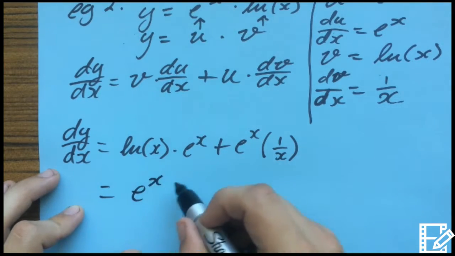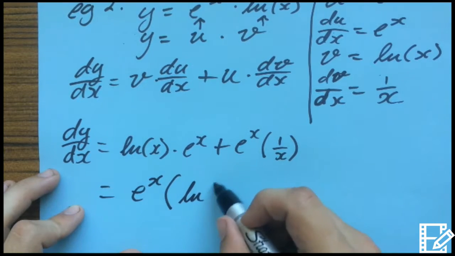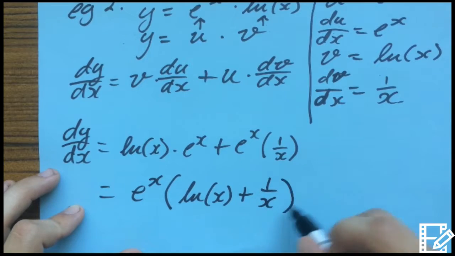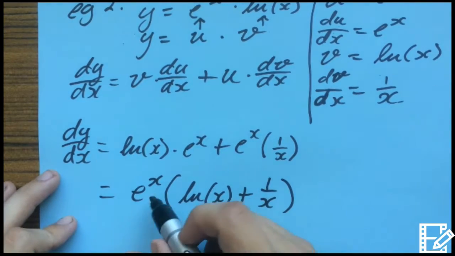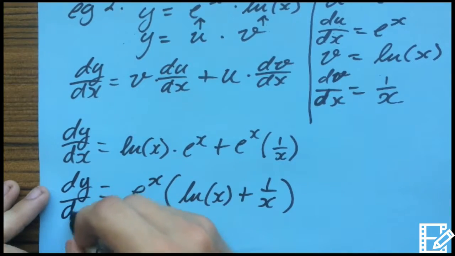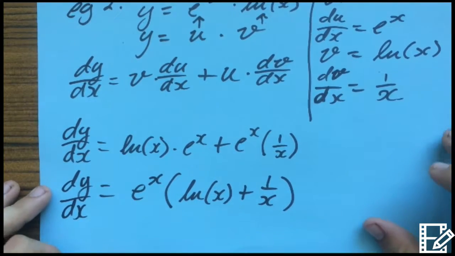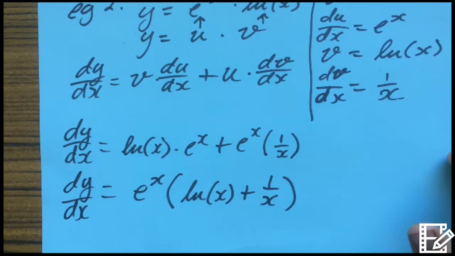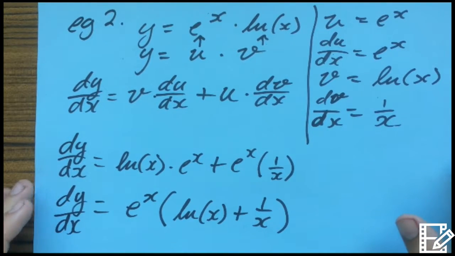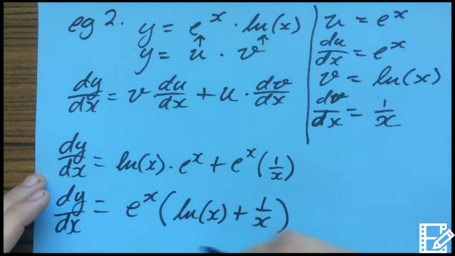We can have e^x bracket ln of x plus 1 over x. Because if we were to expand these brackets, we would get that. It's just another step to make things look a little neater, and that's how mathematicians like things. Neat, easy to understand, easy to see, simple. So that's a way of simplifying it.